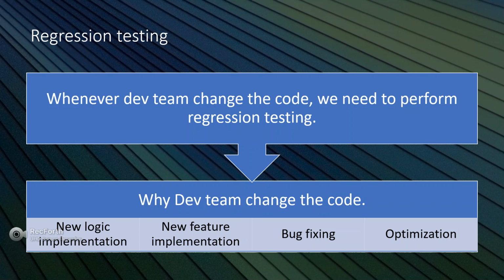If they are making changes in one of the modules, then it is your responsibility to rerun all those test cases which depend on or were created for that particular module. So here we are not talking about a single test case, we are talking about a group of test cases which are related, integrated or interlinked with the functionality which has been changed by the dev team.